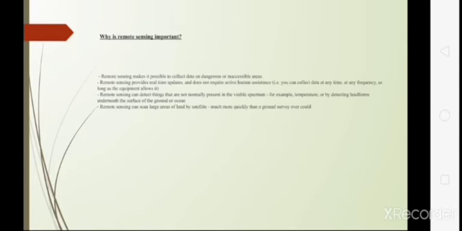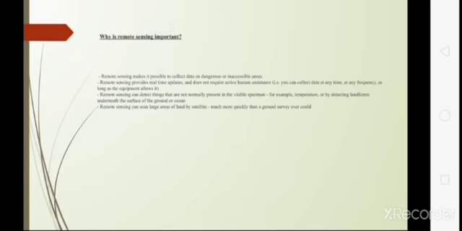Next, why is remote sensing important? Remote sensing makes it possible to collect data on dangerous and inaccessible areas. Remote sensing provides real-time updates and does not require active human assistance.